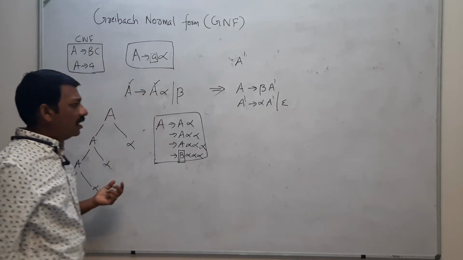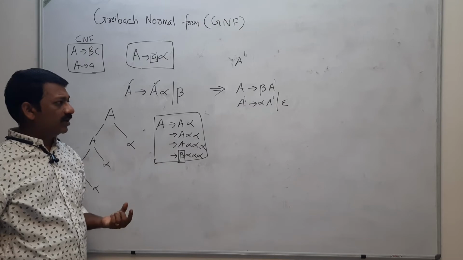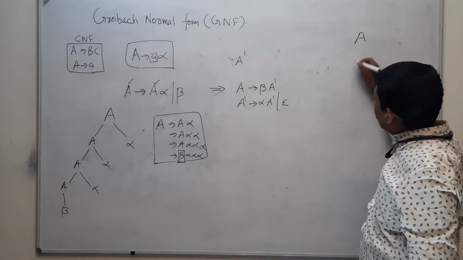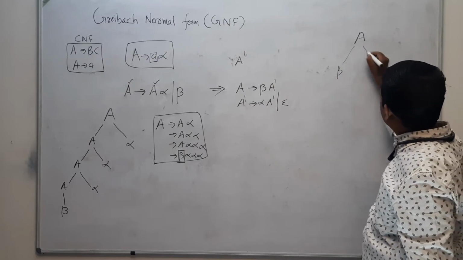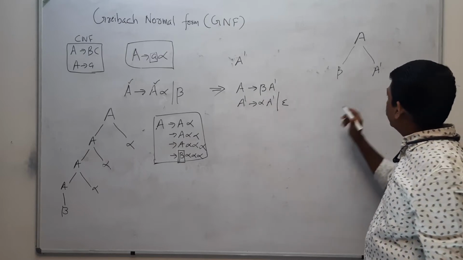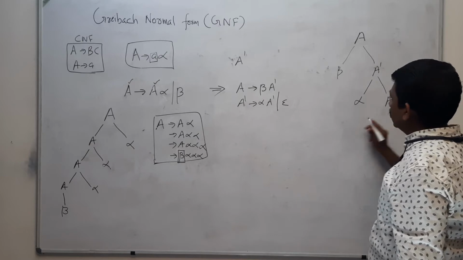Let us see whether this will generate this string. For example, this is A, and I am going to have beta A dash. Now A dash derives alpha A dash.